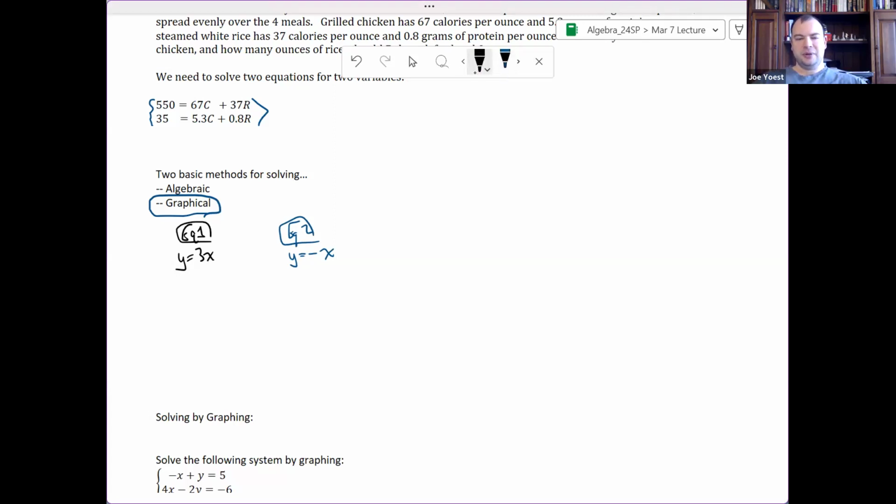Now I know that the equation y equals 3x has a bunch of possible solutions. I could list them in a table, for instance, but I can only list a selection of them. And the same goes for equation 2.